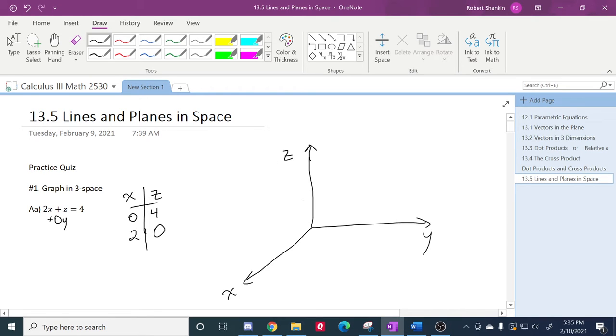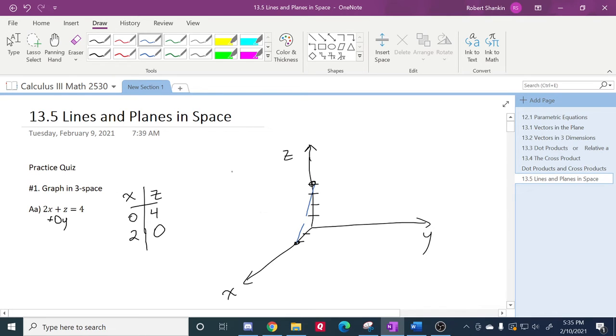So if it was in a familiar y equals mx plus b, I could use slope and y-intercept, but I kind of lost that because I'm not in familiar territory here. And then these 2 points, if I connect these, I get a line.